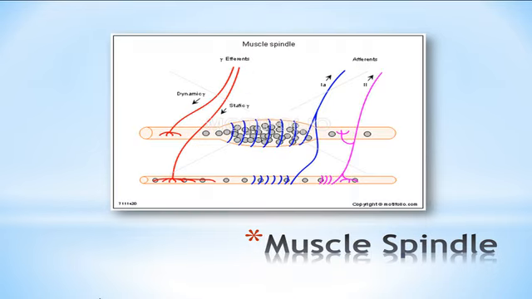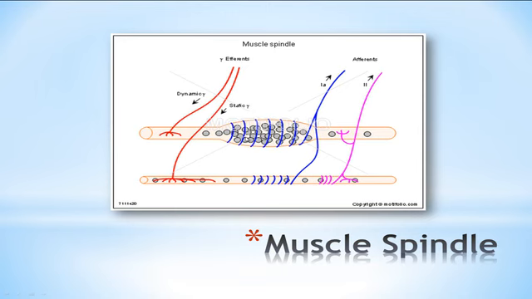And here's my picture of a muscle spindle. It really is made up of primarily two different types of receptors. The nuclear bag is my top receptor, and the nuclear bag is responsible for dynamic, quick change in muscle length.